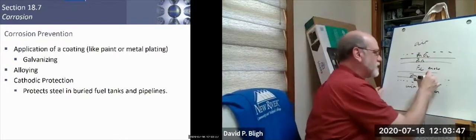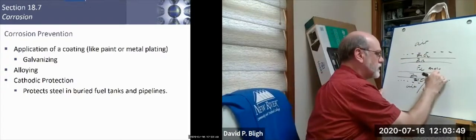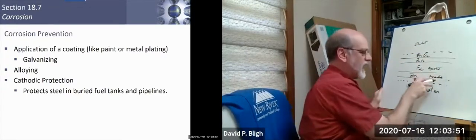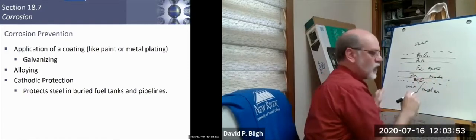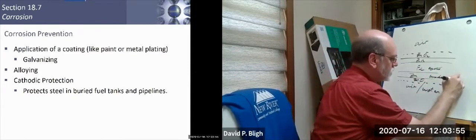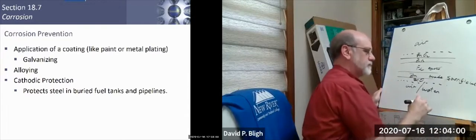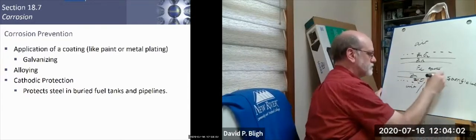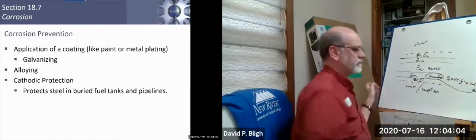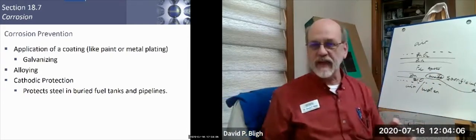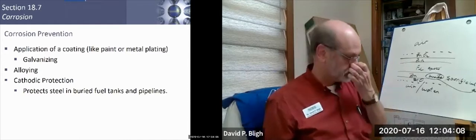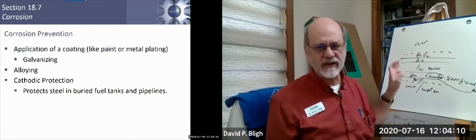But now we have another anode that is more reactive than the iron. And this is called a sacrificial anode. We sacrifice the zinc to save the iron. And this is common practice.